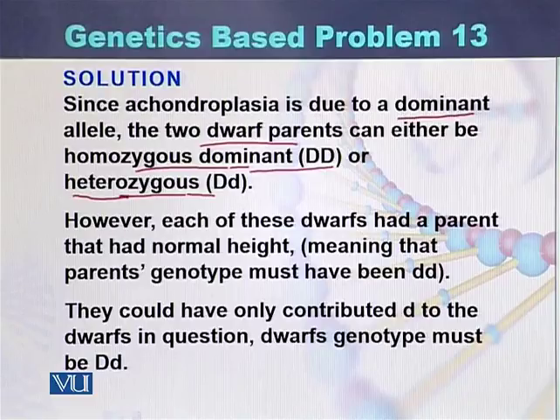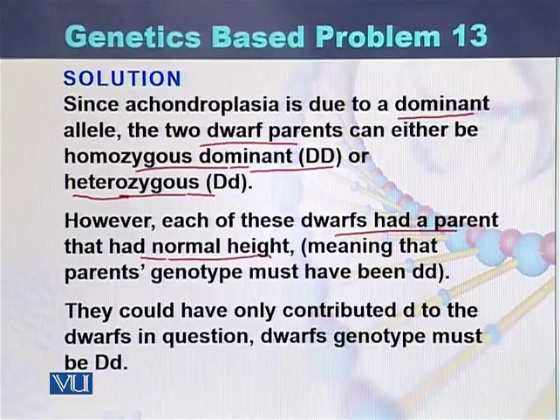Based on the additional information provided in the statement, these dwarf individuals each have a parent with normal height. If a parent has normal height, the genotype of that parent should be small d and small d, both recessive alleles.